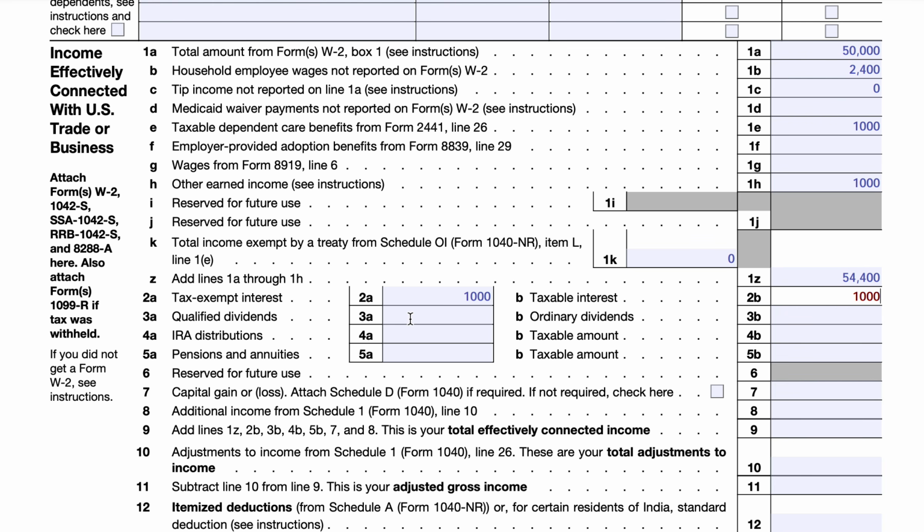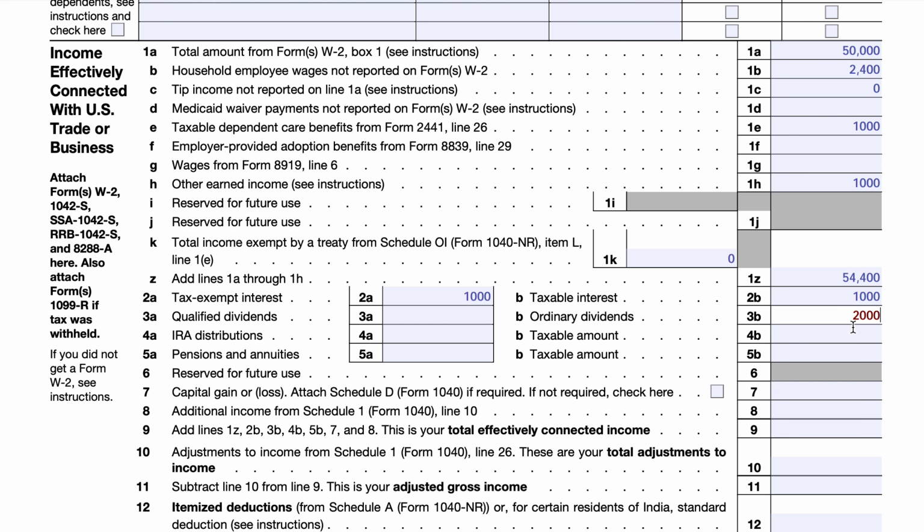You'll see a Form 1099-DIV, and usually box 1B will show the total qualified dividends, and then box or line 3B would indicate your total dividends. So you would report, let's just say that you had $2,000 of dividends.